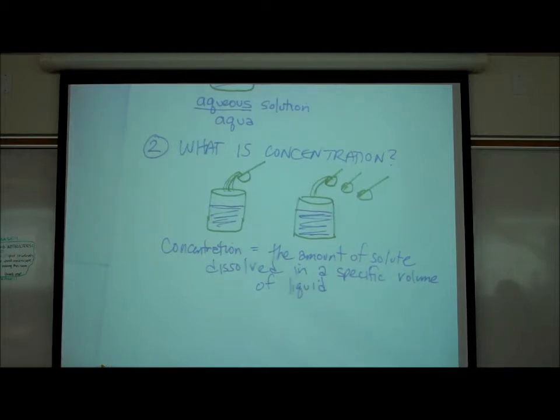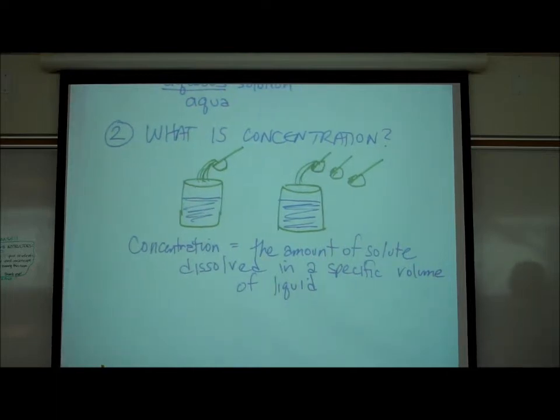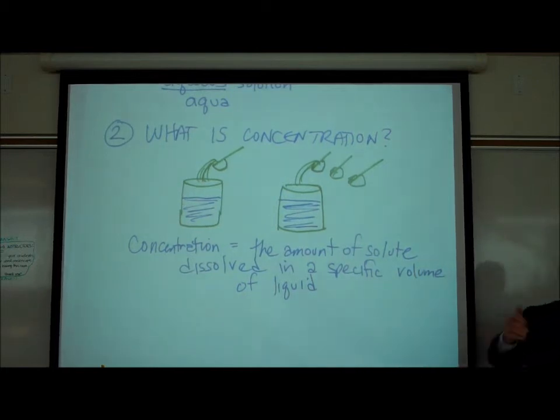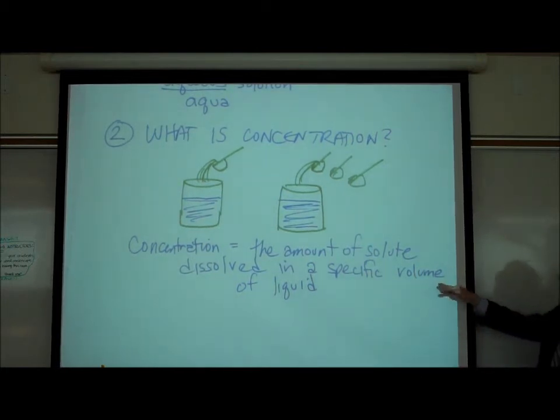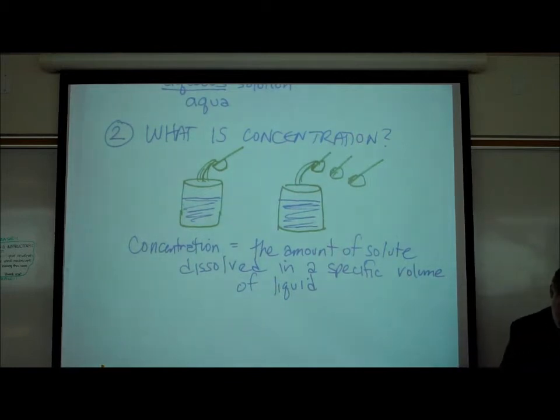So what is the definition of concentration? Concentration is the amount of solute dissolved in a specific volume of liquid. It's the amount of solute, the amount of sugar, or the amount of salt, the amount of protein, the amount of whatever I've dissolved in a specific volume of liquid. That's called concentration.